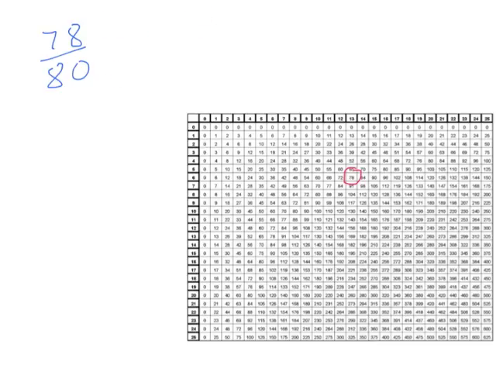So let's try to find the number 80. So we can see that there's a number 80 here, but we have the same problem because we need to find the numerator and the denominator in the same row or the same column. Now, if you look at this, we know that 80 divided by 8 is 10, so we can write that.